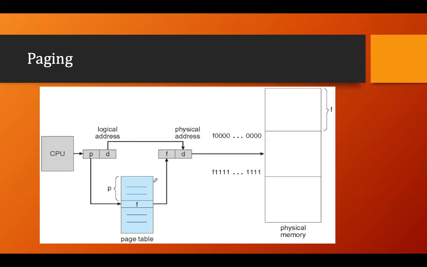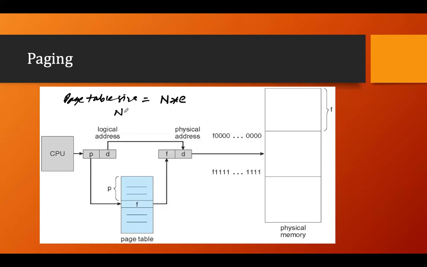So we have this page table, and if you want to calculate the size of the page table, it will be the number of pages in the page table multiplied by the size of each entry. So this is how we can calculate the page table size. How will we calculate the number of pages?